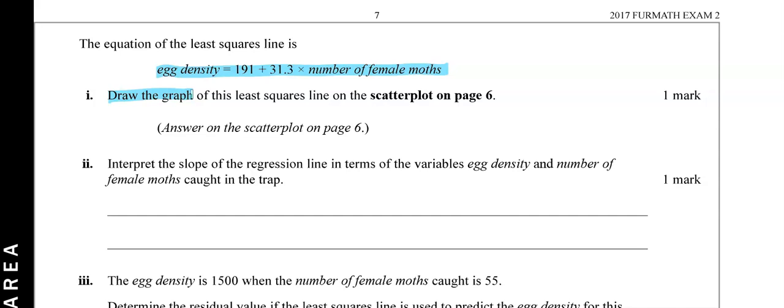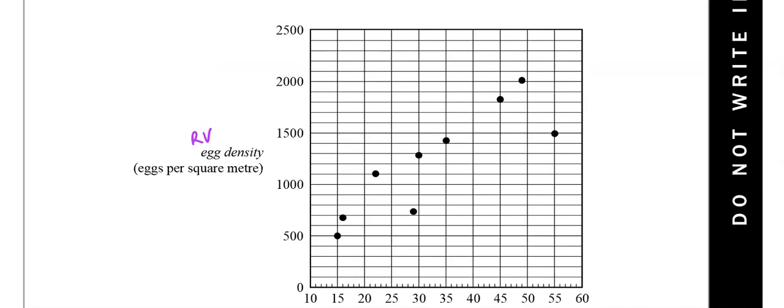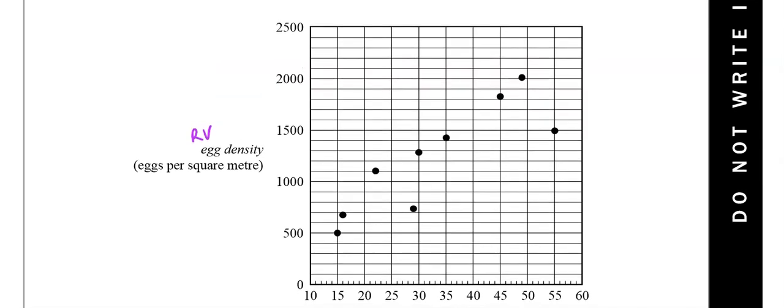Now, in order to draw that least squares line onto the scatter plot, we need 2 key points of information. So let's go back to our scatter plot and we'll do a bit of working on the side. When I check my scatter plot here, I can see that my x-axis or my EV does not go back to 0. So I cannot actually use the y-intercept of that equation to help me plot the line.